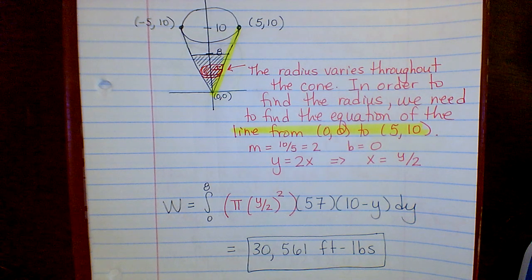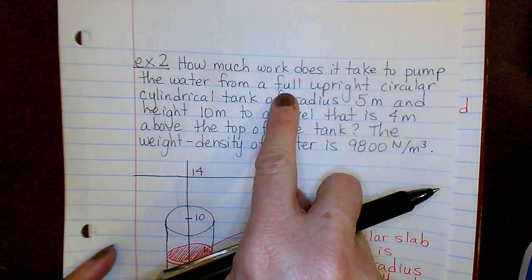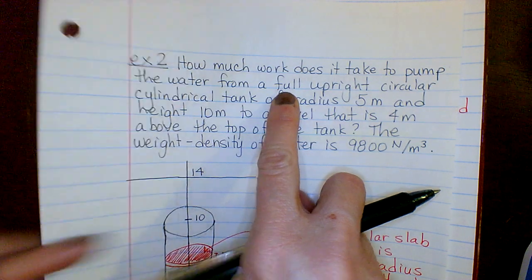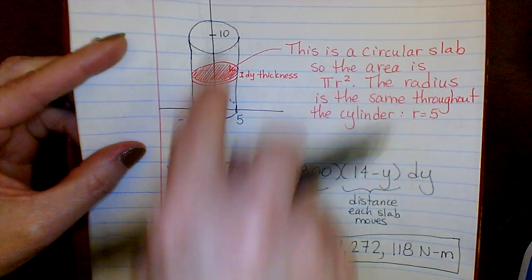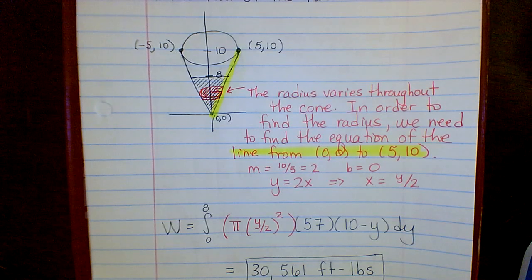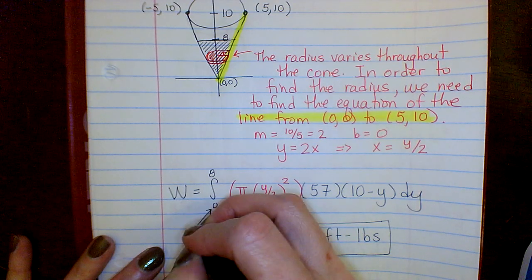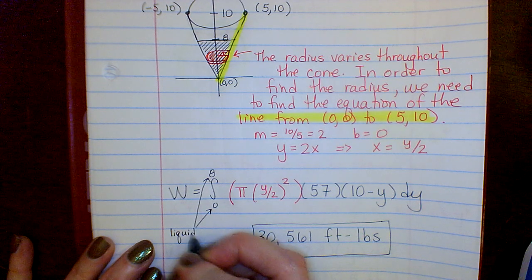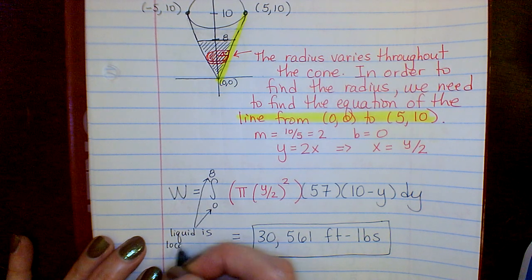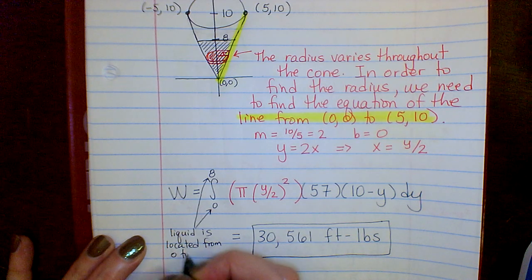Well, that's because that tank was full, so the liquid was located from 0 to 10. Here, my liquid is located from 0 to 8.